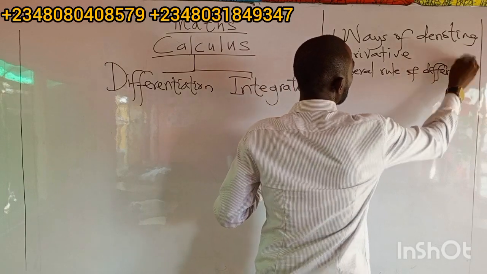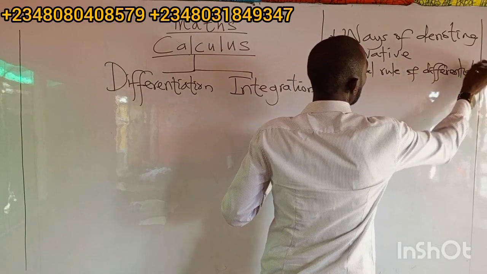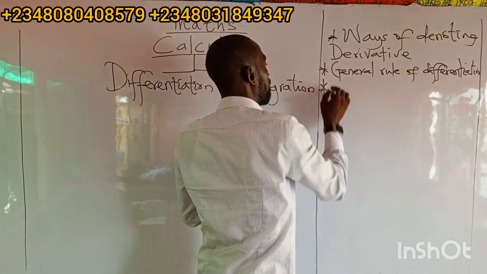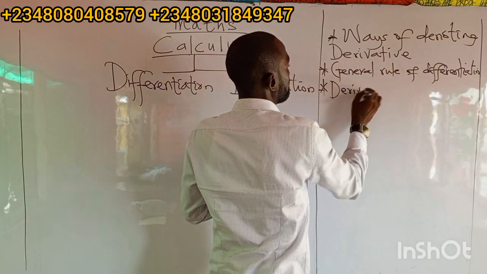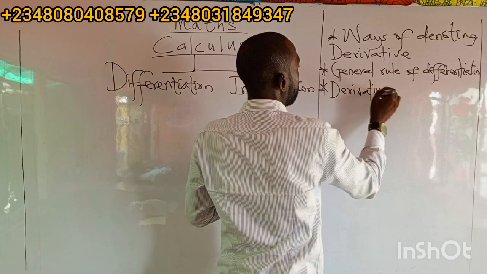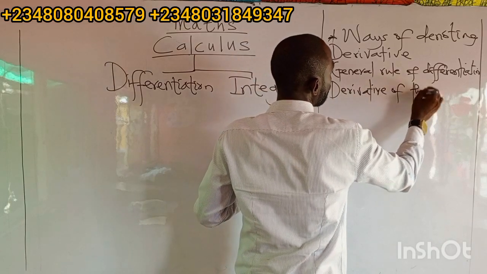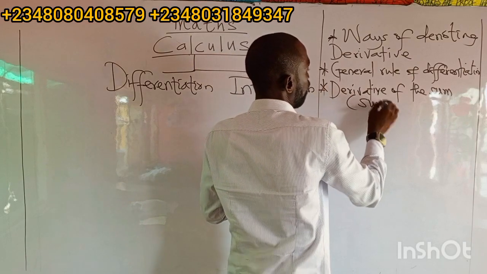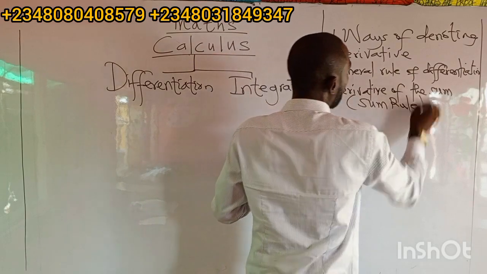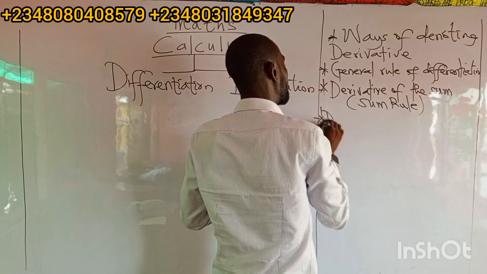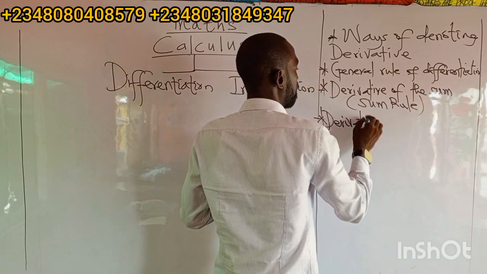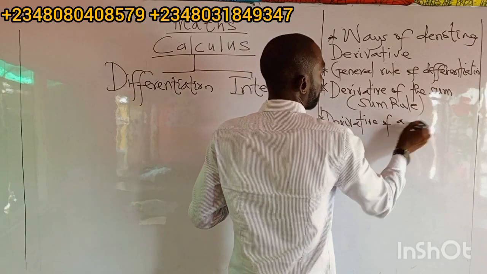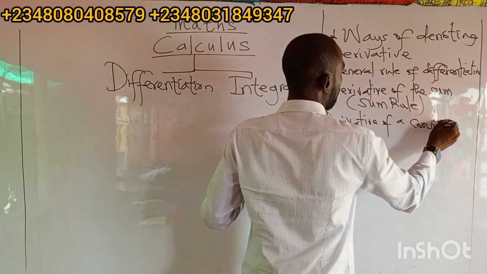The third one, we look at the derivative of the sum, or we call it the sum rule. Then after, we look at the derivative of a constant.